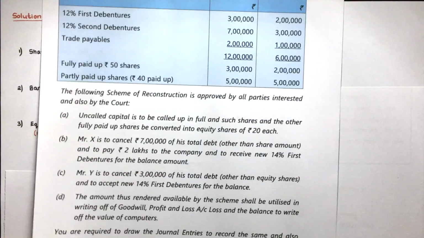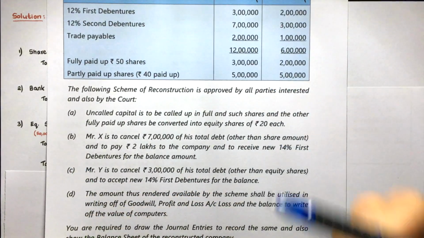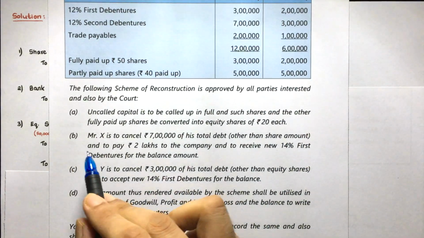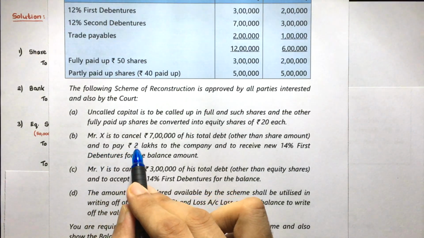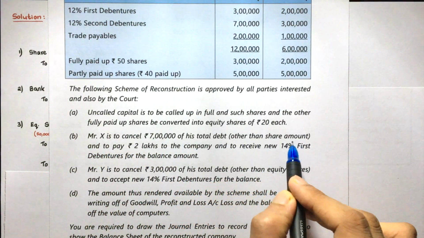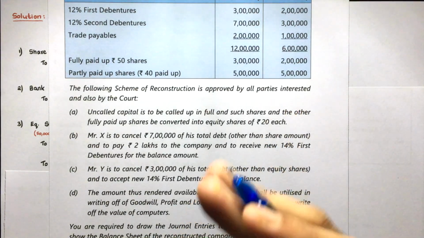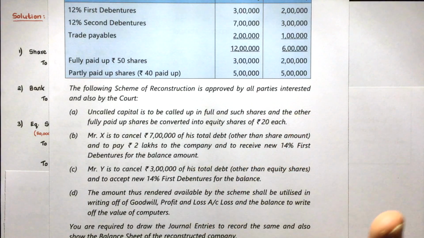Clear? Yes. Then what is happening? Then see, they are saying the main specific individual point. Mr. X is to cancel 7 lakh of his total debt other than share amount. Now here specifically they are saying other than share amount. So we are going to exclude their share capital from the calculation.